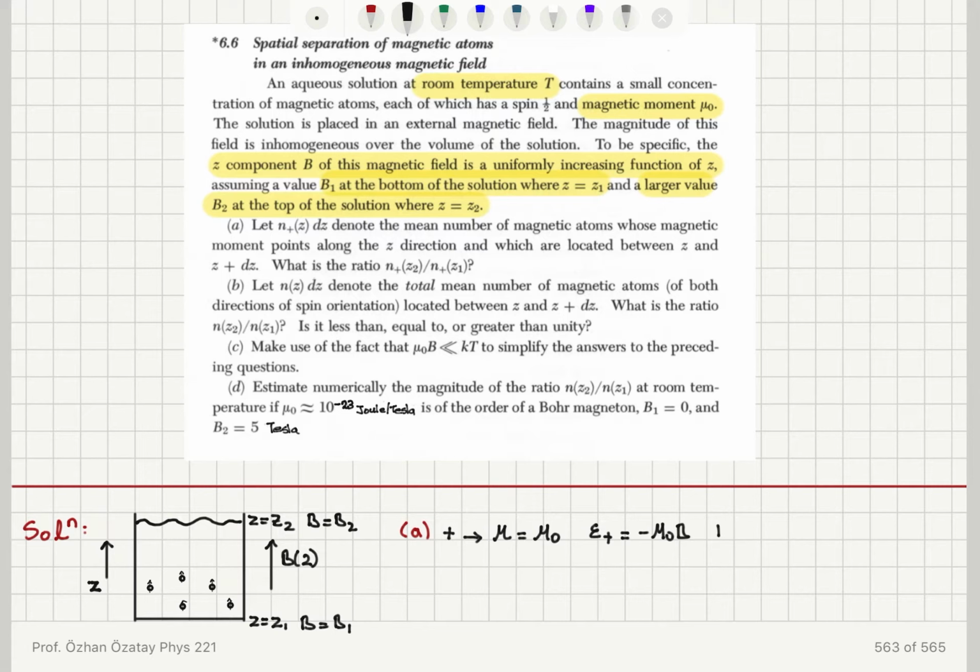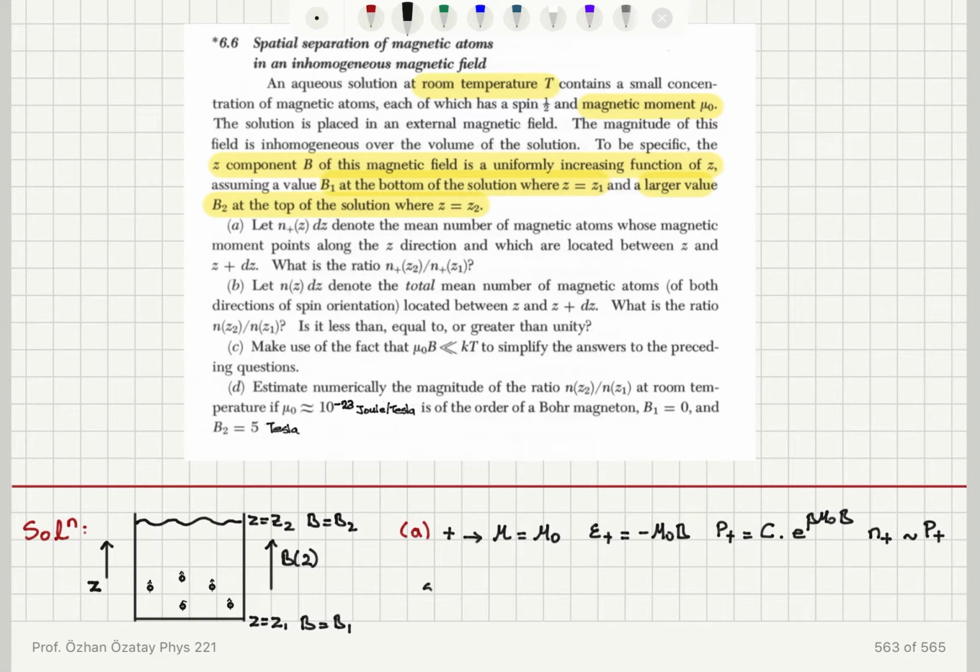And the probability of occupancy of this energy level according to our canonical distribution is a constant c times e to the beta μ0 b, and the concentration of particles at the point z will be proportional to the probability of occupancy at that level, p plus.